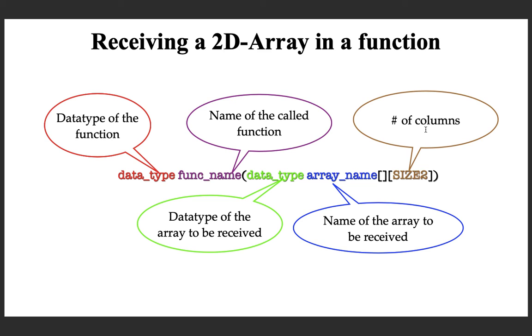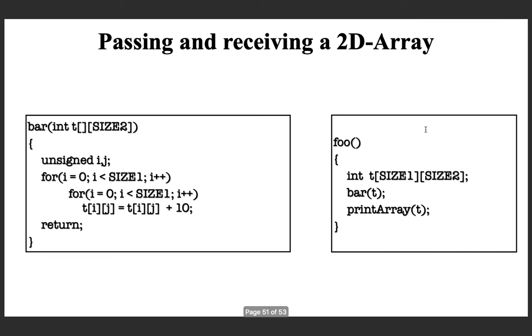And with this, I am coming to the last slide where I am showing you an example. This is an example where foo is calling bar with a two-dimensional array. This is how you declare the formal argument. Only the column size 2 is required over here, and when you pass, you just pass the array name.